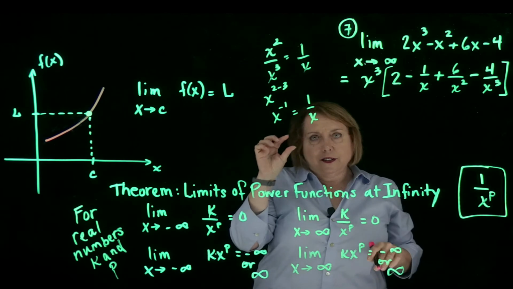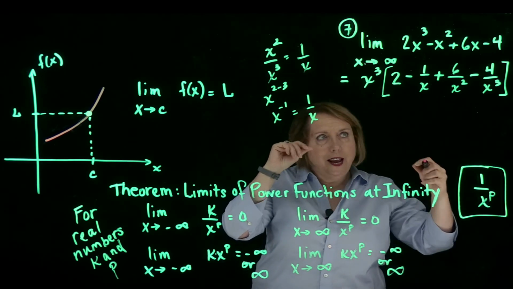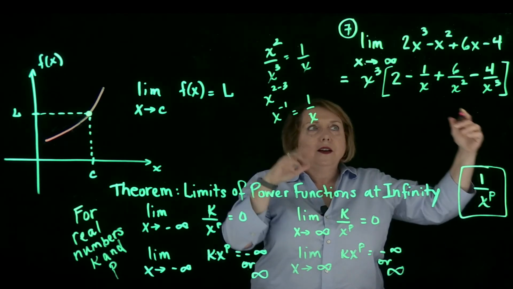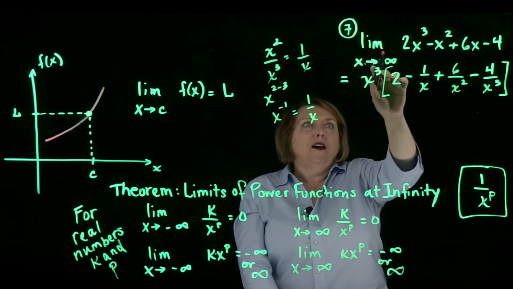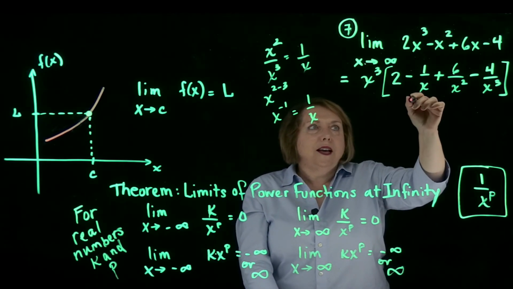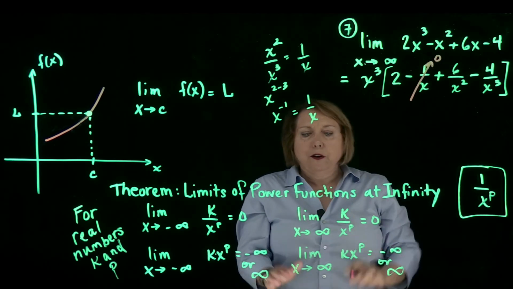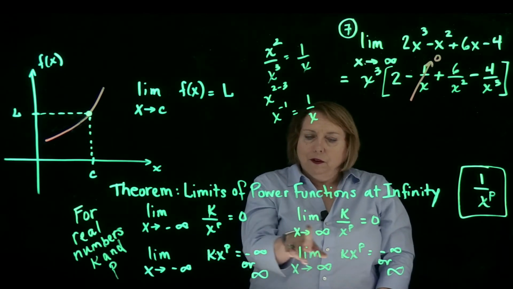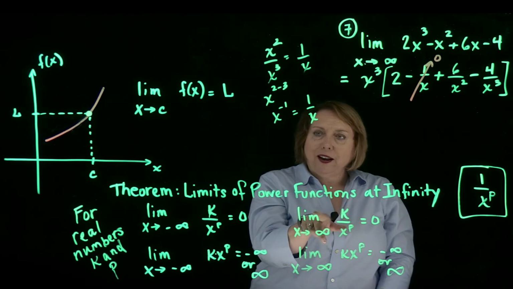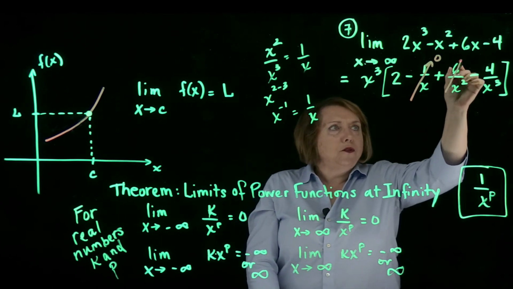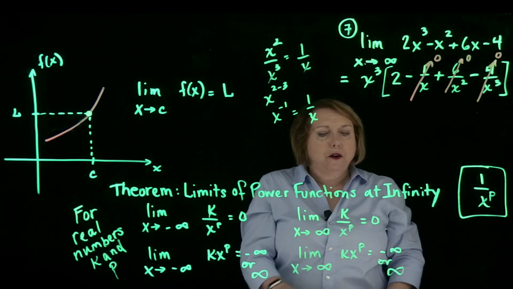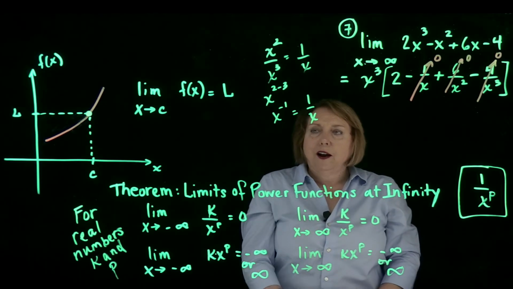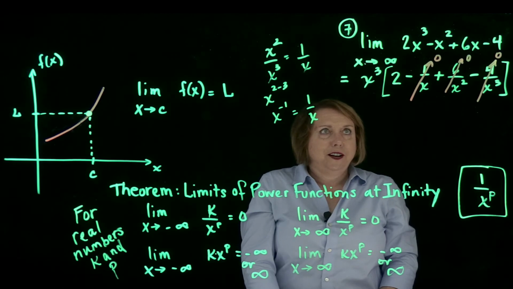Think of x as starting at 10, to 100, to 1,000, a million. 1 over a million is very, very tiny. Our limit for this term is that it's approaching 0 using our power function theorem. Same goes for this one, and same goes for this one. They're all approaching 0 due to our power function limit at infinity.